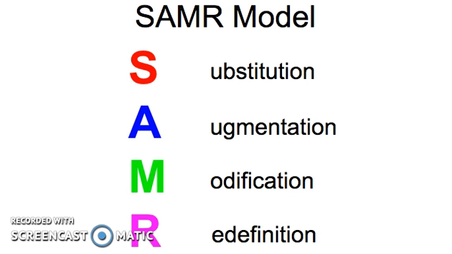As you move from substitution to redefinition, the use of technology increasingly enhances and transforms student learning. It is great for teachers to plan and reflect on their lessons by combining the TPACK and SAMR as a collective framework.